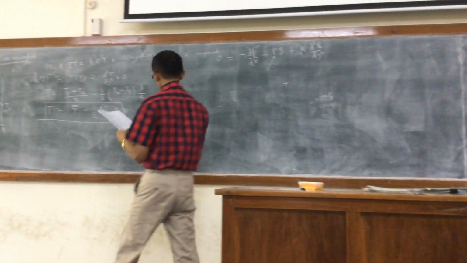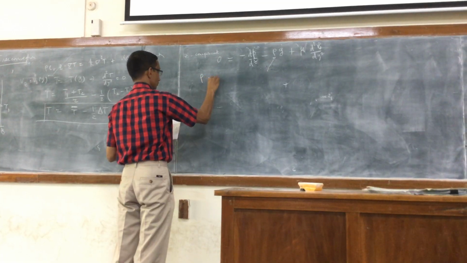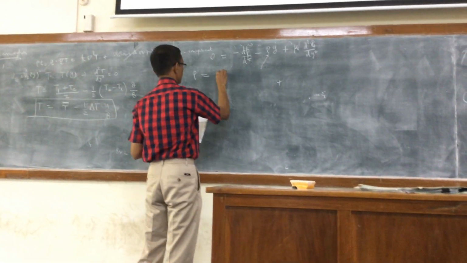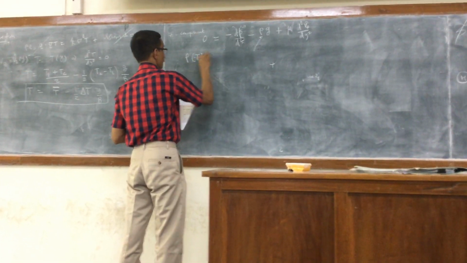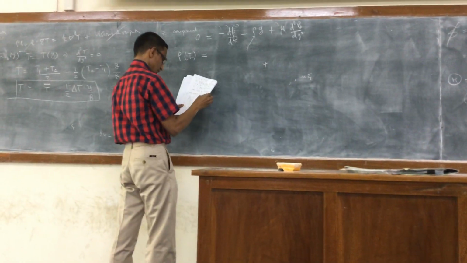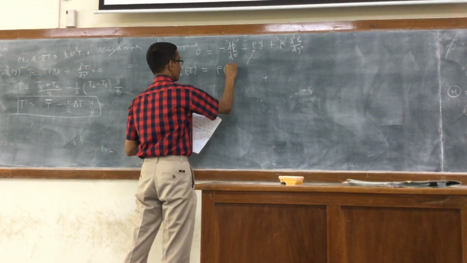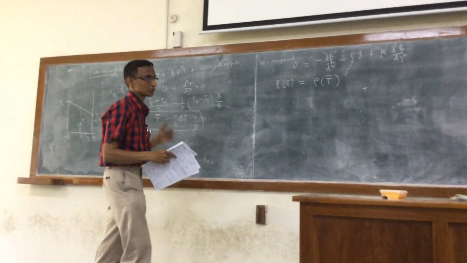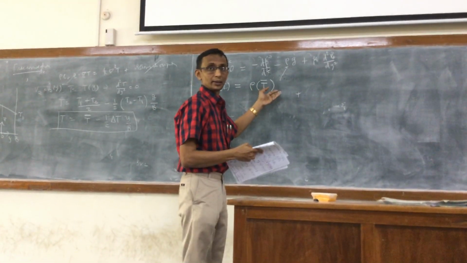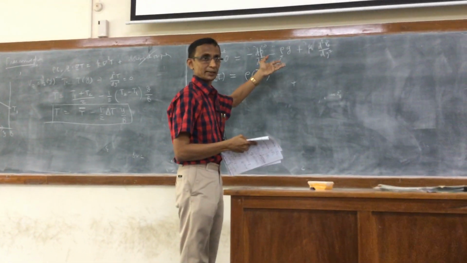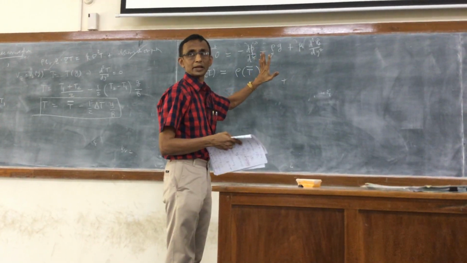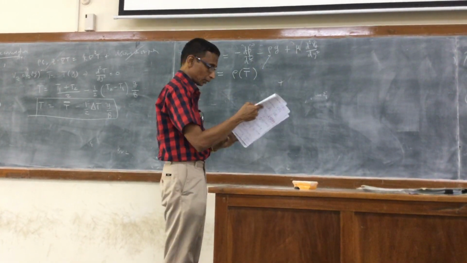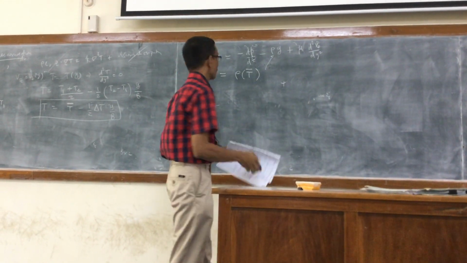Now, this is the Boussinesq approximation, which is that the rho at a given temperature is given by the rho at some average, characteristic temperature. You can also expand, basically a first order expansion of the density with respect to temperature, neglecting all the higher order terms.